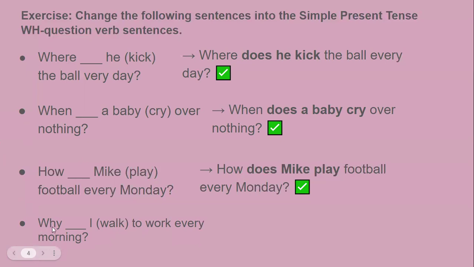You can see W and then H space subject I. So we said for I, you, they, and we have to use do, not does in this case, but do, because we use does only for he, she, and it. So our sentence becomes, why do I walk to work every day?